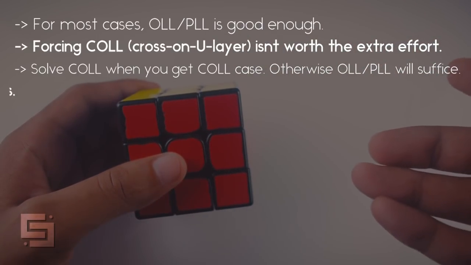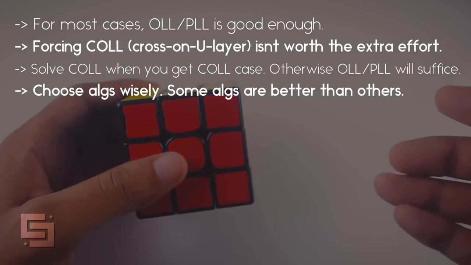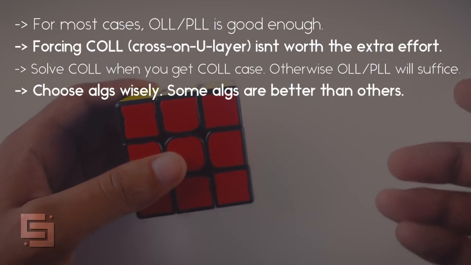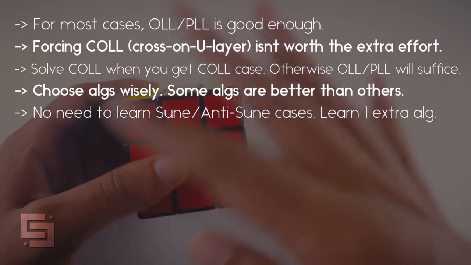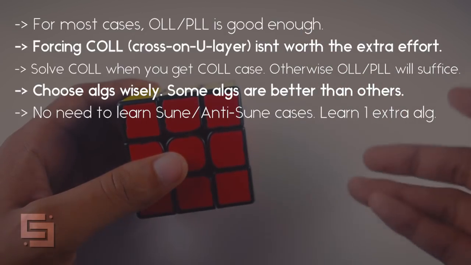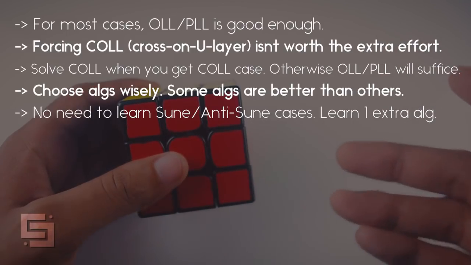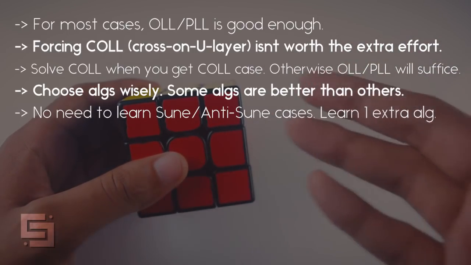When it comes to COLL, you also have to make a choice what CLL algorithms are worth learning and what are not worth learning. For example, Sune and Antisune CLL cases are not worth learning, and only knowing one algorithm for converting the bad PLL cases into decent or good PLL cases is the only thing that you need to consider for your Sune and Antisune CLL cases.